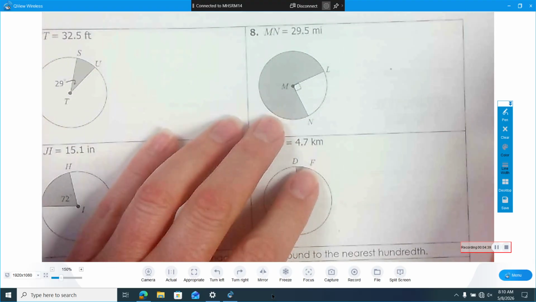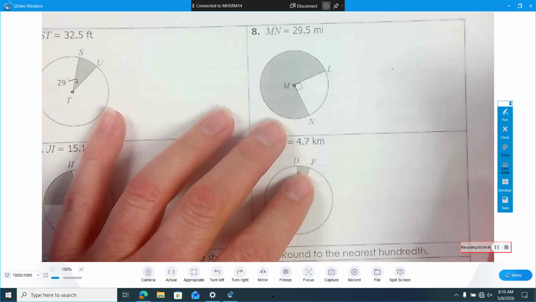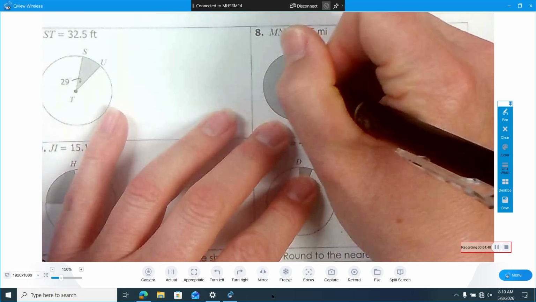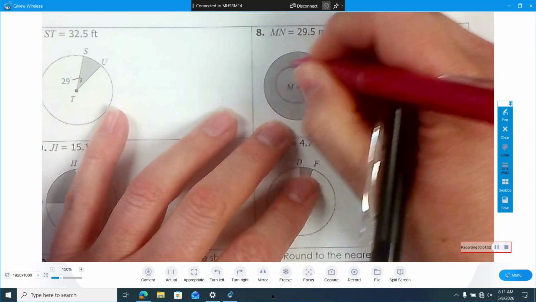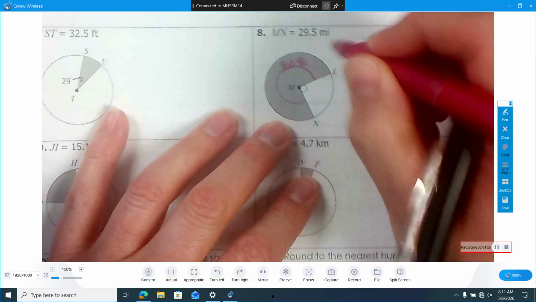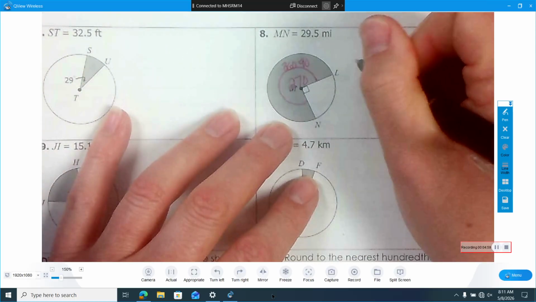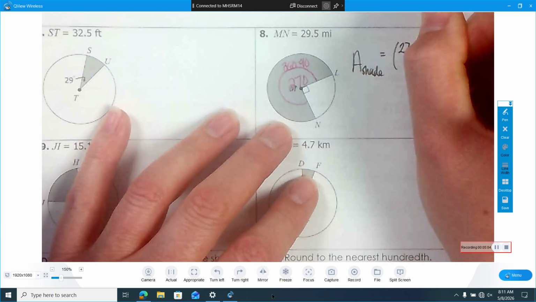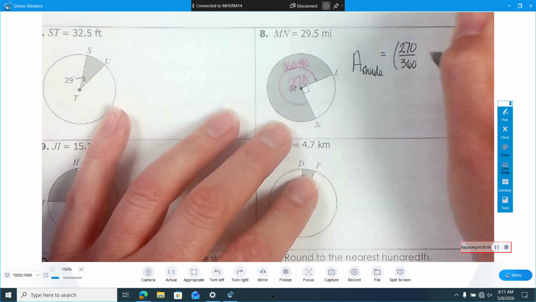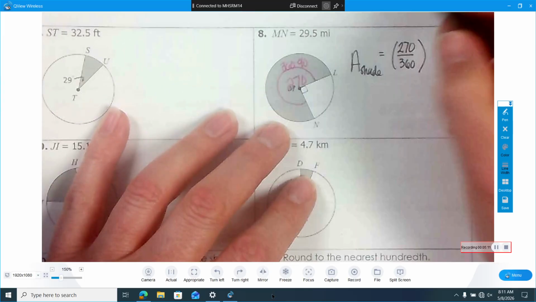All right, what about number 8 here? Yeah, 360 minus 90. So again, to get that shaded side, which is what we're interested in, 360 minus 90, which is 270 degrees. So the area of the shaded region would be 270 out of 360, which reduces, do you know what that reduces to? 3/4.